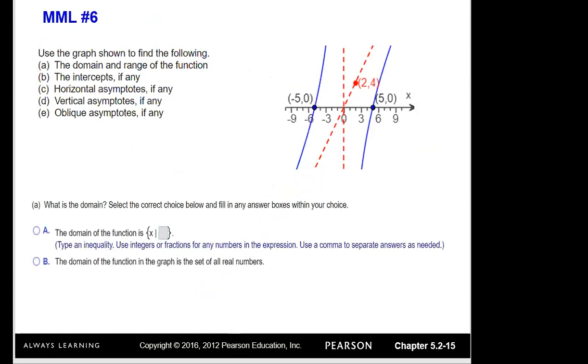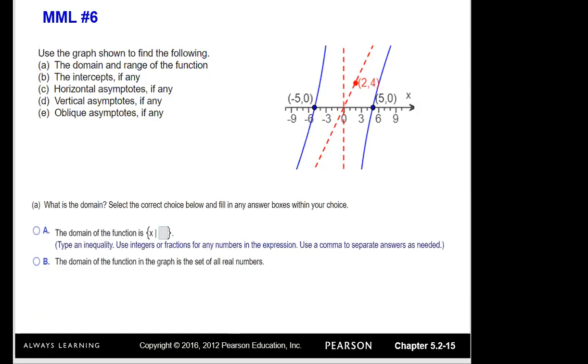But let's start with the domain. Remember, the domain is all of your x's. Now, as far as the domain is concerned, you really only have to look at the vertical asymptote, because the oblique one is actually crossing at the origin, and so is that one. Okay.